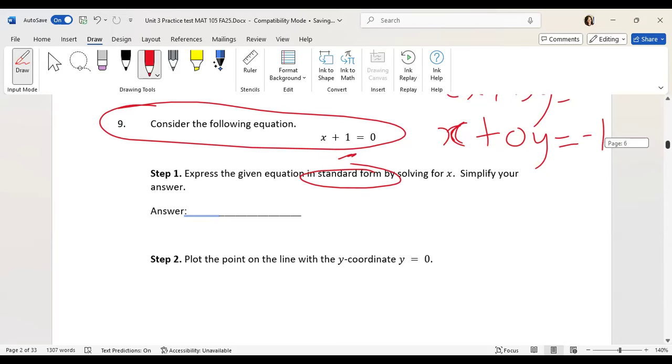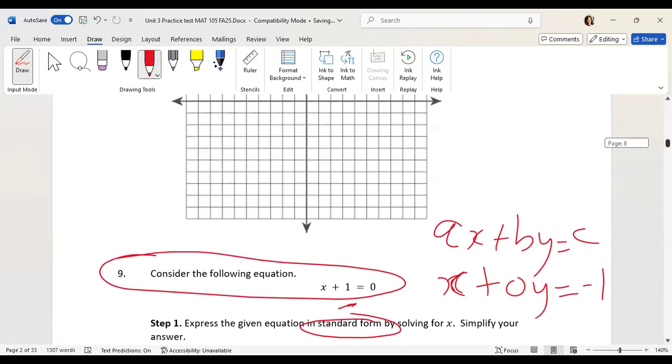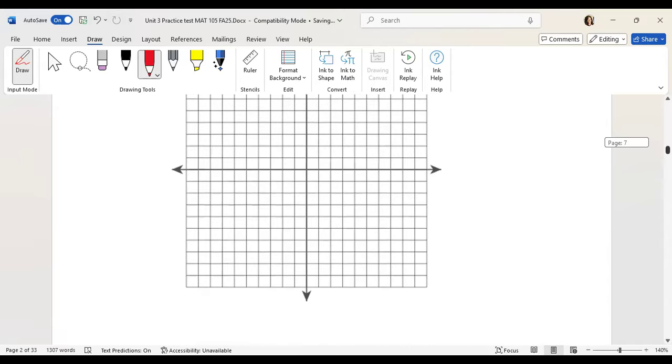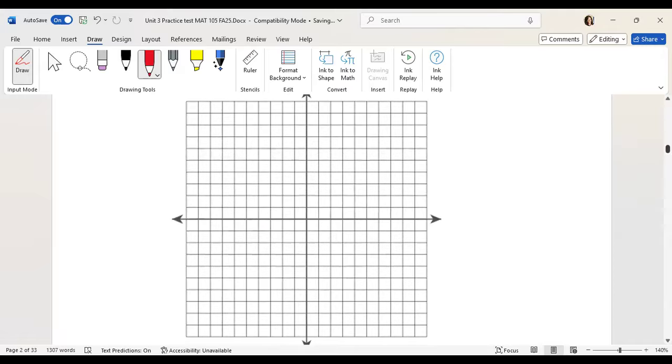Okay. So in this equation, there is no coefficient of y. So actually, let's graph the equation x equal to -1. So let's say that -1 is here. So this is x equal to -1. I'm putting it somewhere here on the left-hand side for negative.